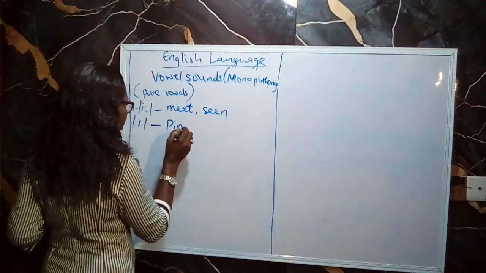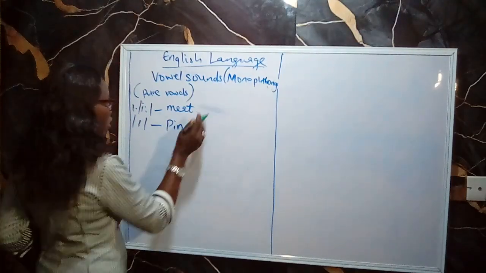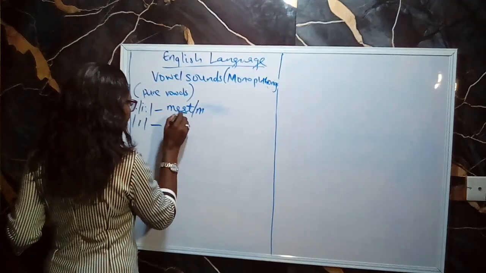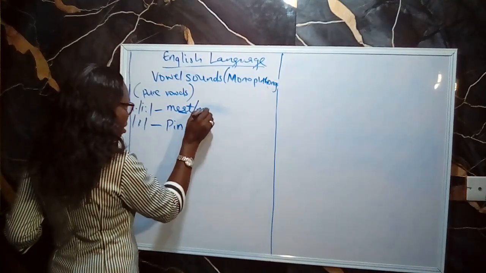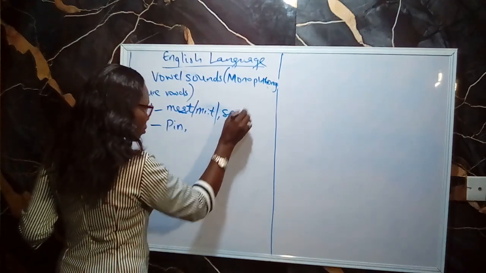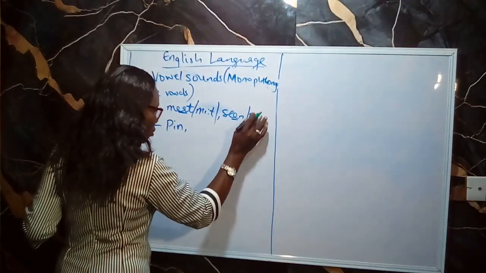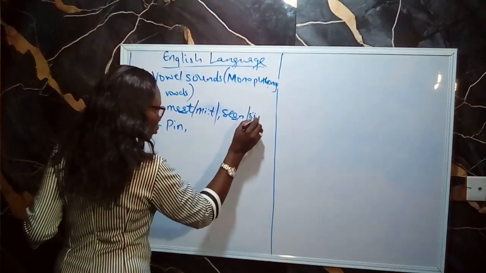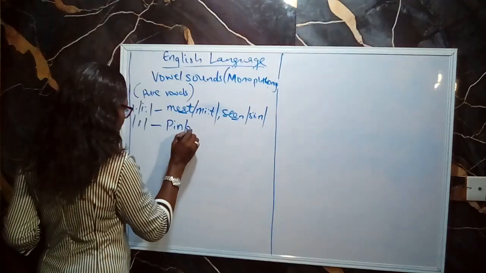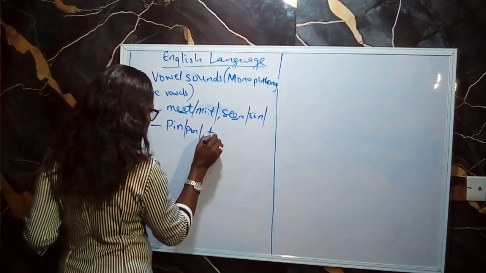Let me transcribe them for easy pronunciation. So we have meat, where you see EA, you put meat, and sing. Then the second one, pin, and maybe tin.